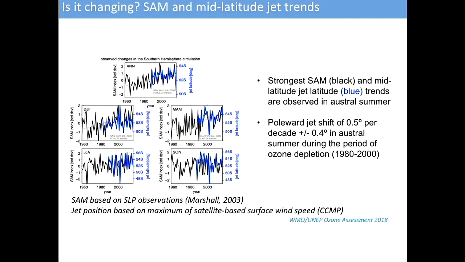So you can see, in most seasons, there tends to be some increase towards a more positive SAM and a more poleward jet location. But I think in the report we say there's a poleward jet shift of about 0.5 degrees per decade, but there's quite a bit of uncertainty in that, and it's predominantly in this austral summer season that you get that jet shift.